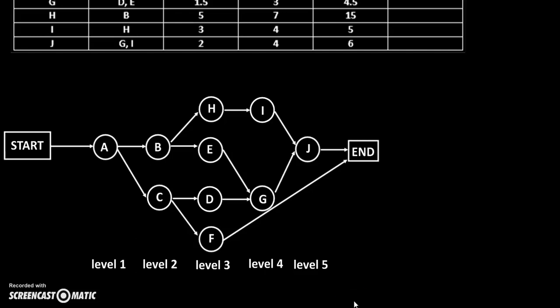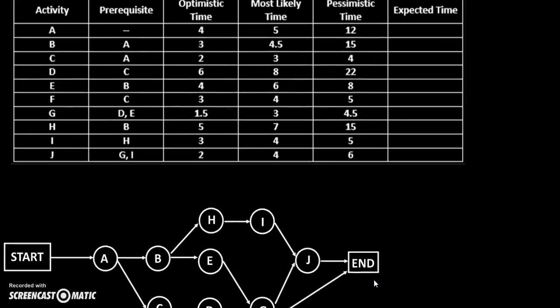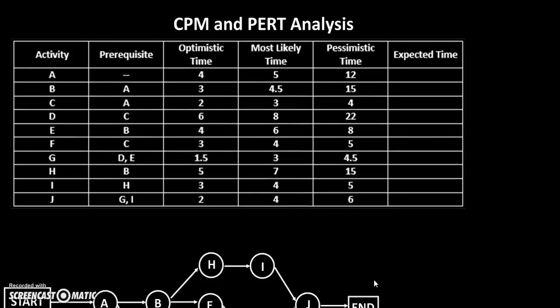Now that we've finished our sketch of our diagram, before we take the actual diagram any further, what I'm going to go back and do is take a look at our task table and fill in this empty column that I have for the expected time.